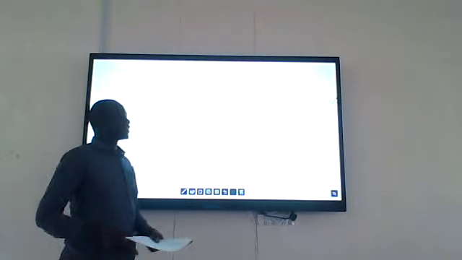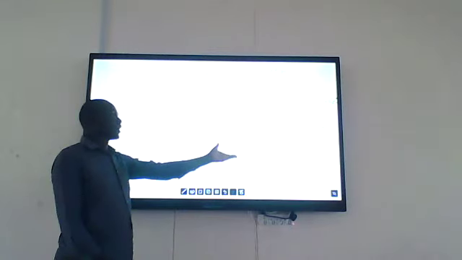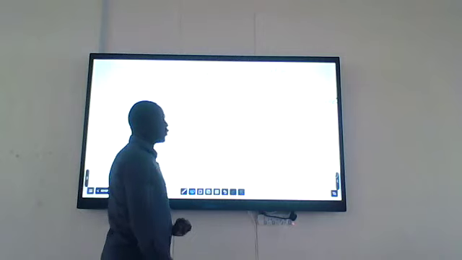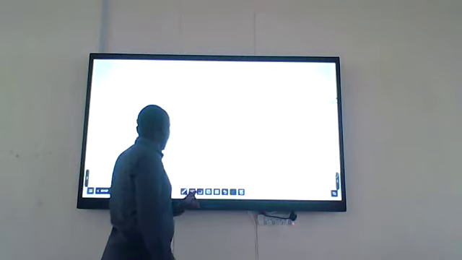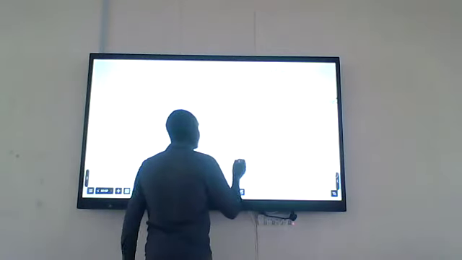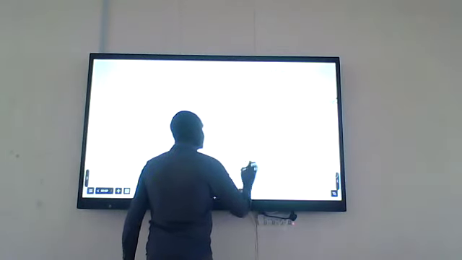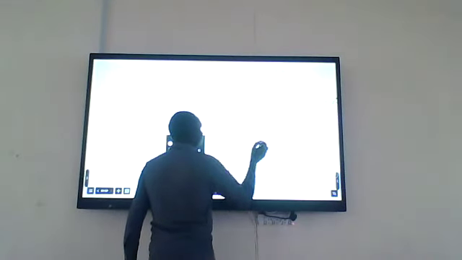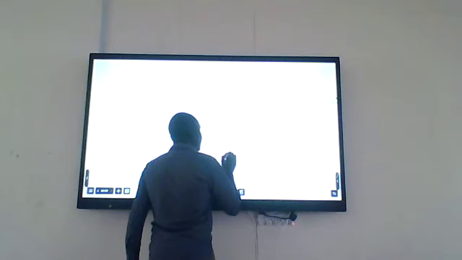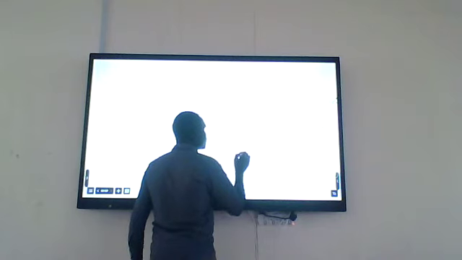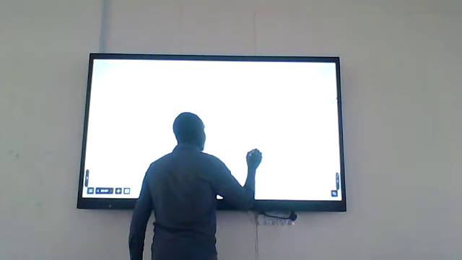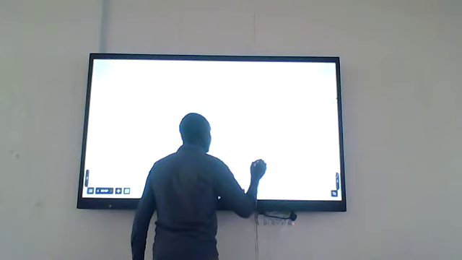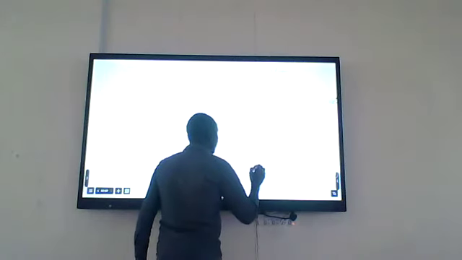Because remember, we are interested in finding the value of x. Why can't we make it the subject so that we don't have trouble? Because we are looking for values of x, not the values of k. So we can rearrange this and say 8x equals to 1 plus 11k, and then x will be 1 plus 11k divided by 8.